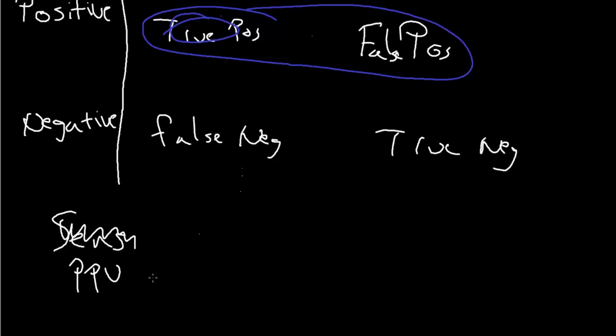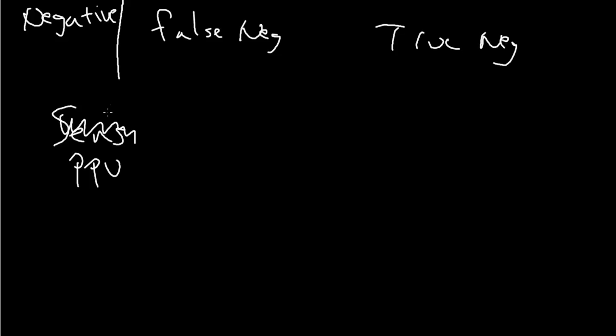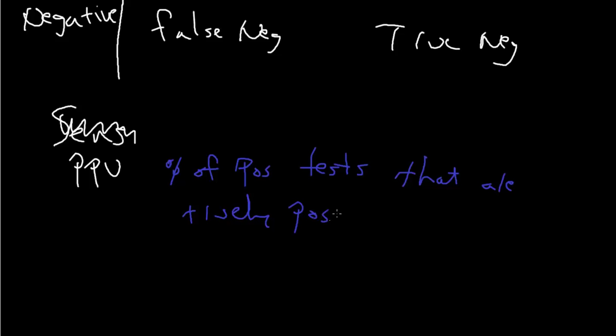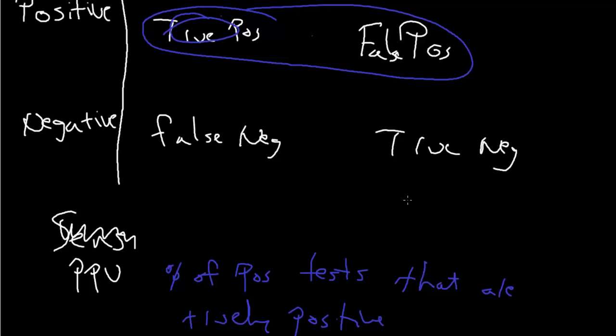Okay. And what is the definition of a positive predictive value? It is the percent of positive tests that are truly positive. Because it's looking at your true positive divided by your total positive rate.